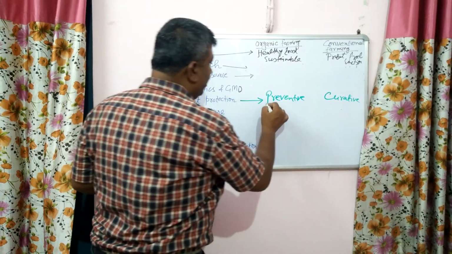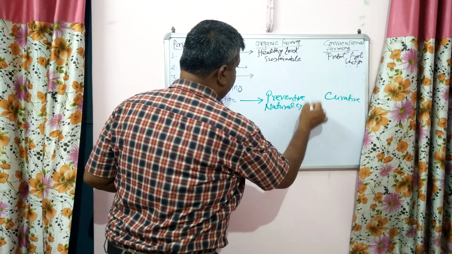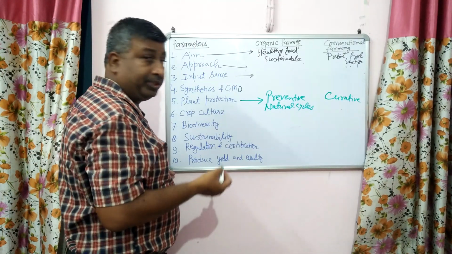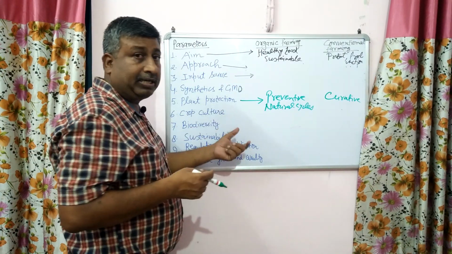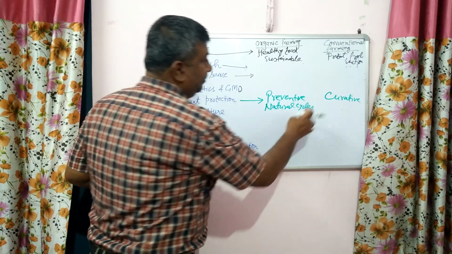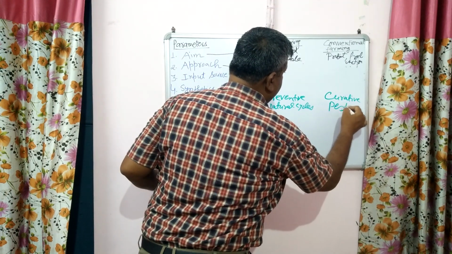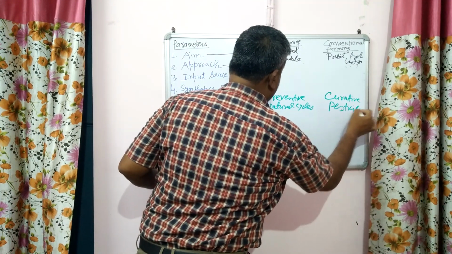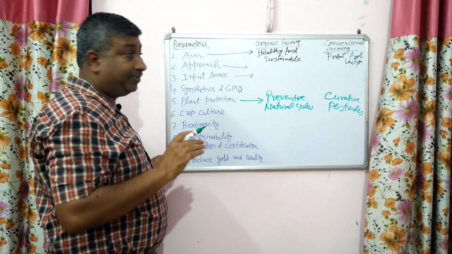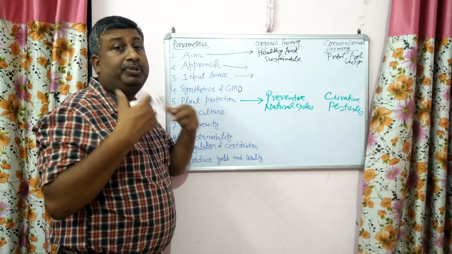And here natural biological cycles are used mainly because of interaction, so predators, parasites, and natural pathogens are used. And here mainly pesticides are used. So this is the key difference. But it is not that natural cycles or predators cannot be used in conventional farming.